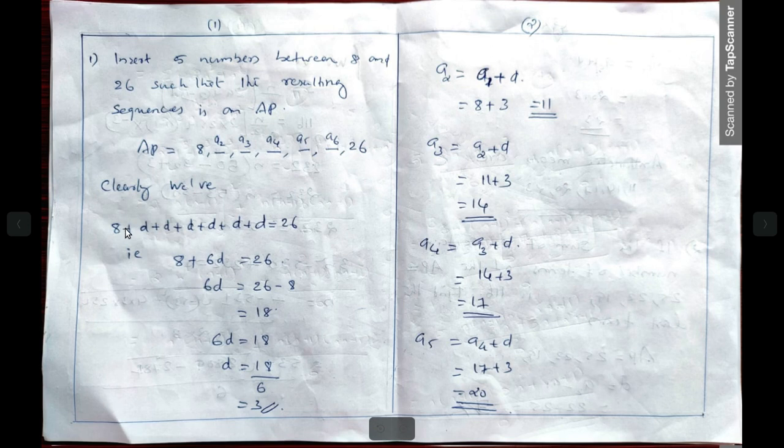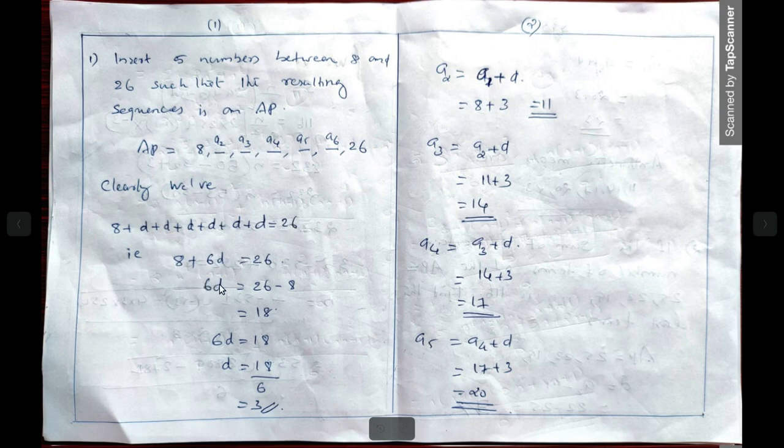And finally 8 plus D plus D plus D plus D plus D plus D equal to 26. So there are 1, 2, 3, 4, 5, 6 D's. 8 plus 6D is equal to 26.